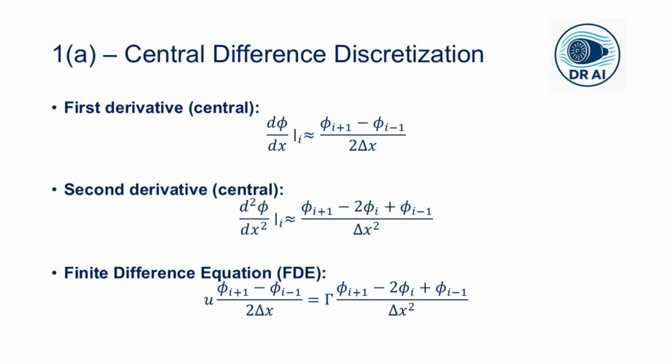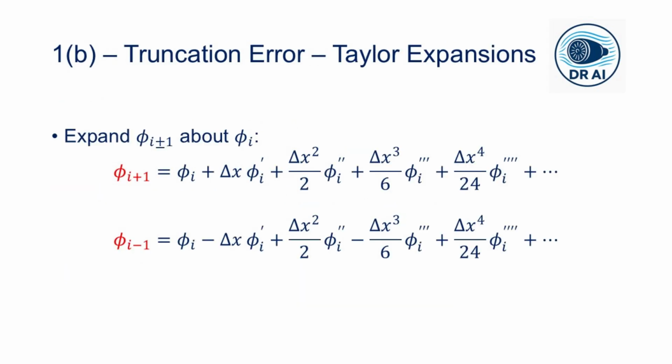This is an algebraic equation that relates the unknown phi values at three nodes. For the whole grid, we will have a system of such equations which we could solve. But before we solve it, we need to understand how accurate this approximation is.